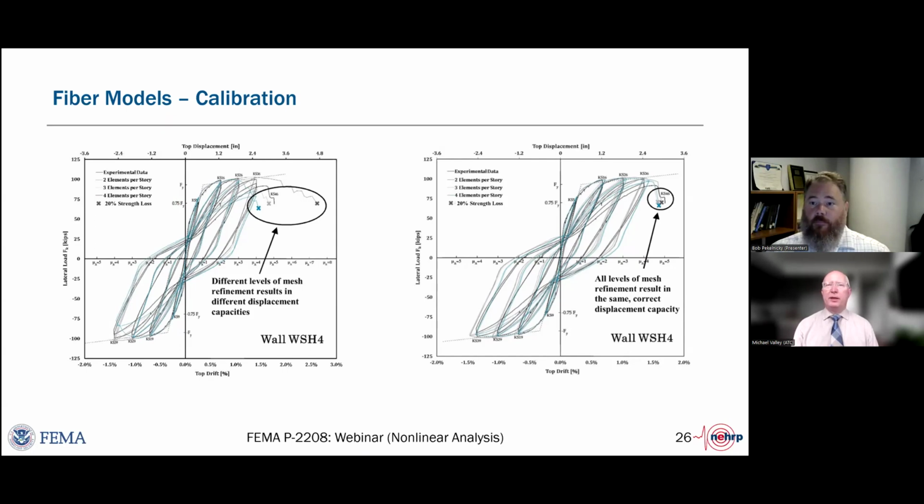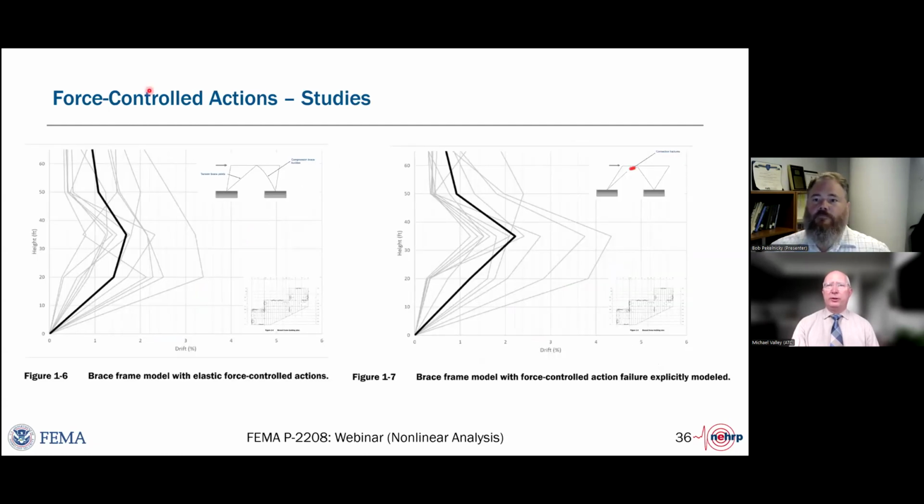When you're talking about force-controlled actions, on slide 36 you compare two analyses. Did the connection fracture occur before or after yielding? And did the other brace buckle or not? So what's the order of response in these analyses? We varied this.